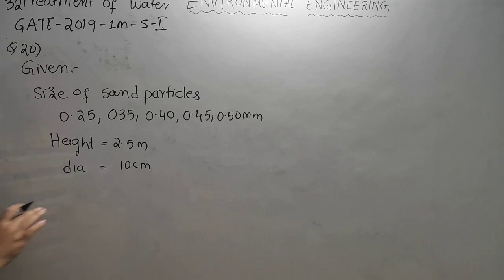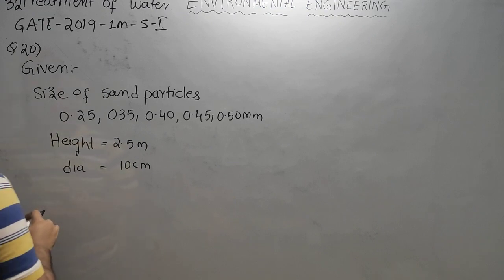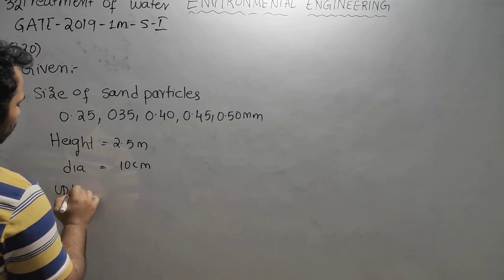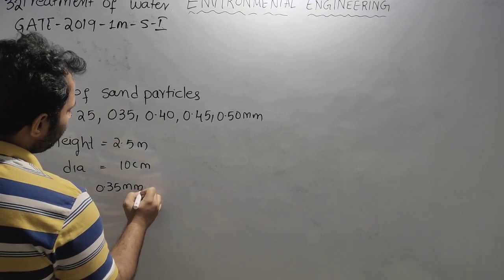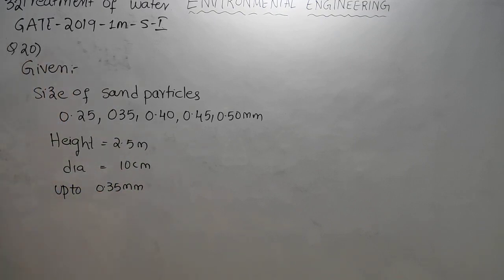So up to 0.35 mm it is settling. It is observed that all the particles of diameter 0.35 mm settle to the bottom in 30 seconds.